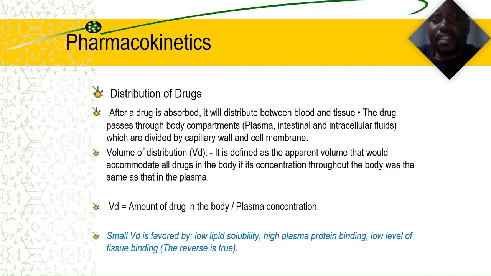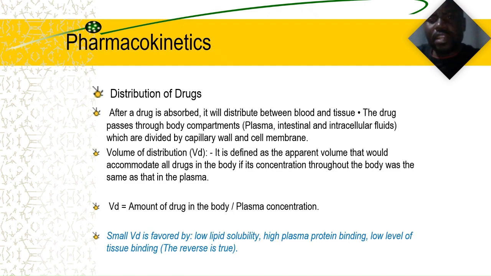But if the volume of distribution is above the plasma volume, then the drug is also dissolving in the fluid other than the vascular fluid, which is plasma. In this case, we say the drug has extravascular escape, a large volume of distribution, or very high distribution in the body.